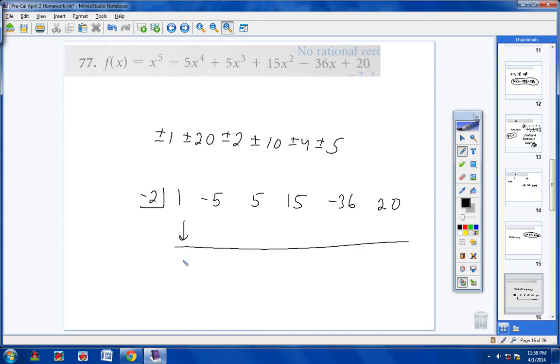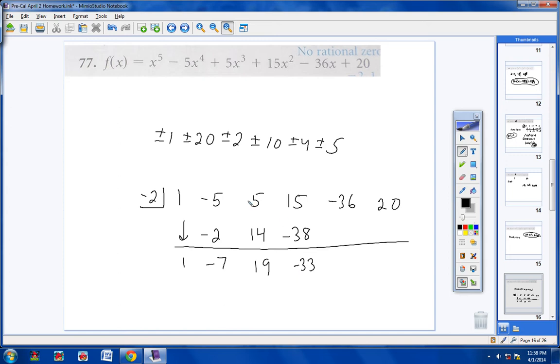Then bring down your 1, multiply by negative 2, combine, negative 7, multiply, that's 14. Combine, you'll get a 19, multiply, that's a negative 38. Combine those, and you will get a negative 33.